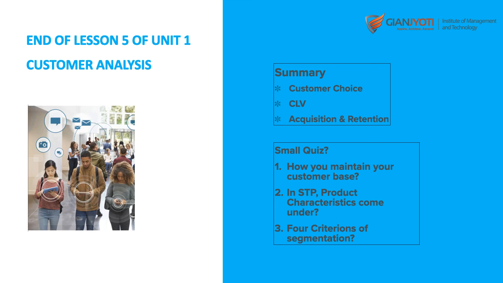What are the four criterions of segmentation that we discussed in the case of new product development? I give you some time to write your answers, and then after that I'll show you the answers. Your time begins now.